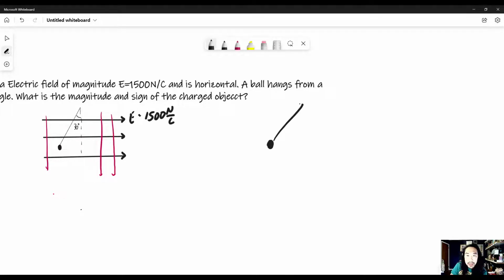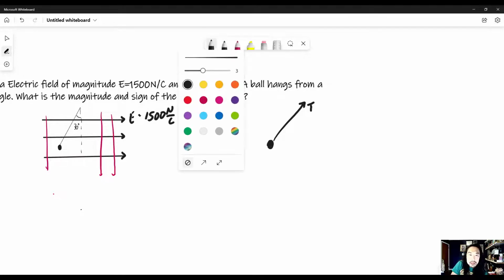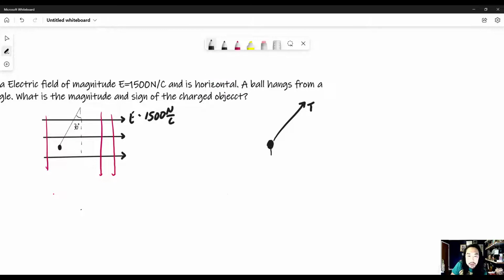We have a string that is pulling up and to the right, and we're going to call that force the tension. Because we're under the influence of the force of gravity, or the field of gravity, we're going to call that Fg, because it does in fact have a weight. And this object is being deflected to the left, but the E field is going to the right.